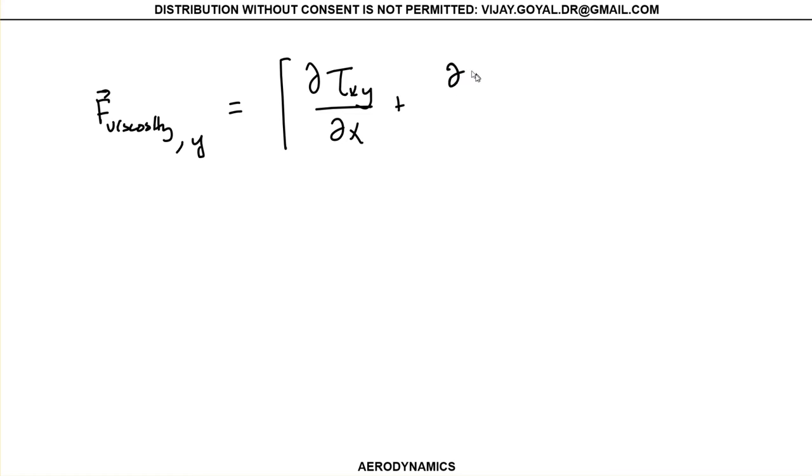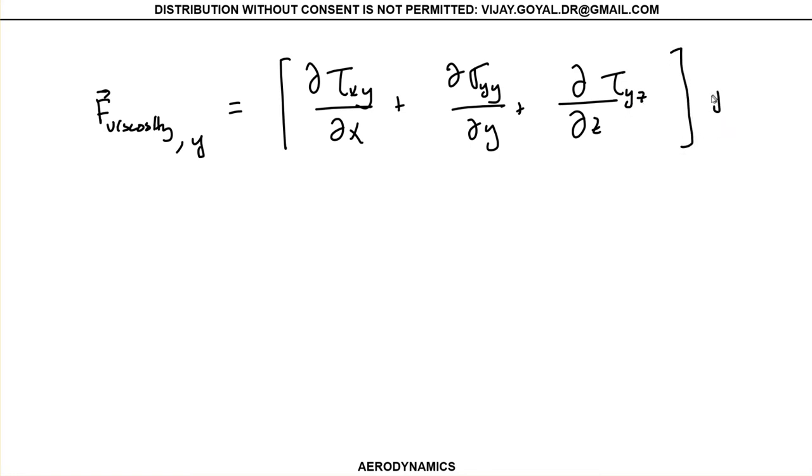So you can show the viscosity in each one of the directions. Let's say in the y direction, I'm going to get partial of tau xy with respect to x plus partial of sigma yy with respect to y plus partial of tau yz with respect to z, and this is all in the j direction, and this is delta volume.